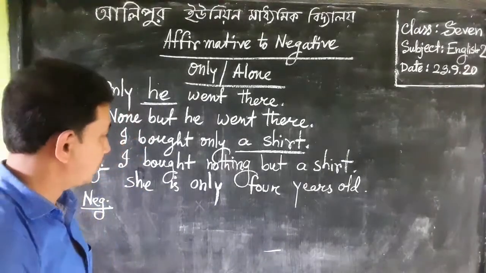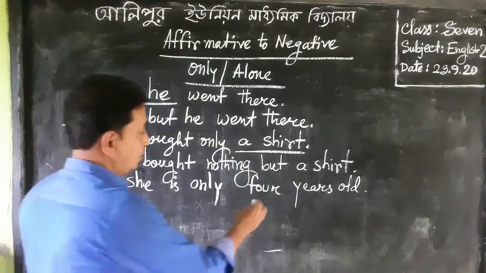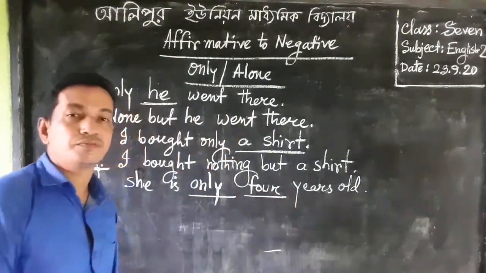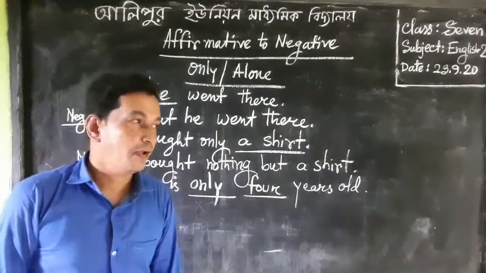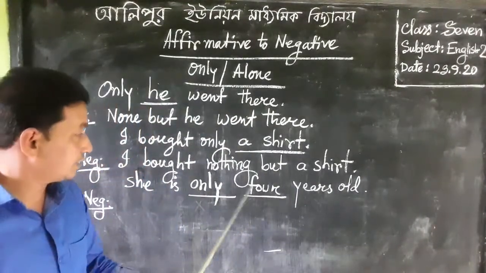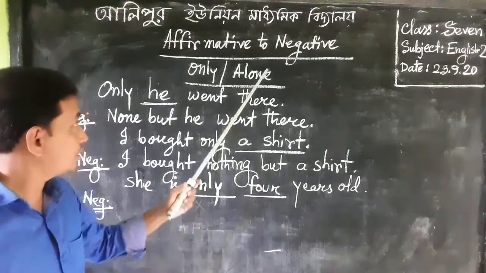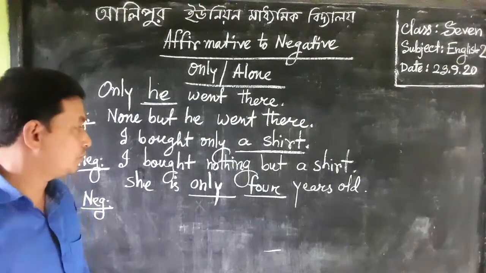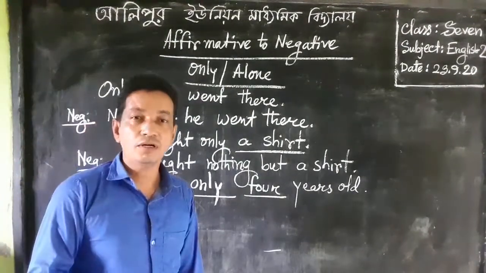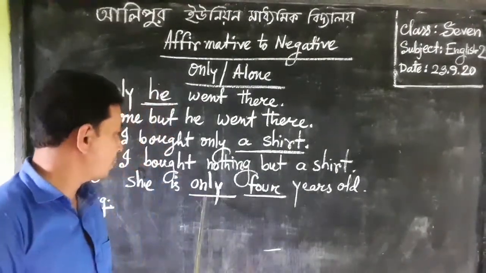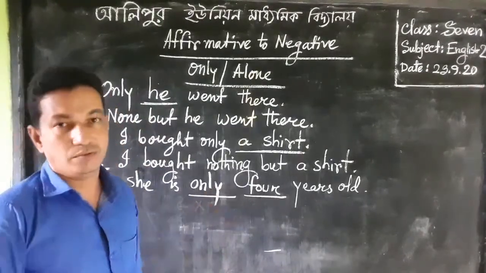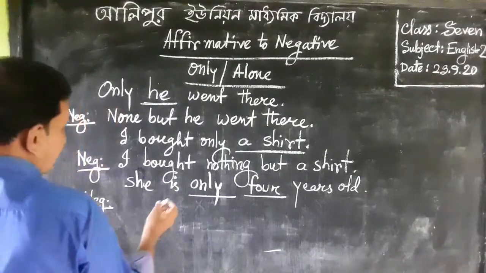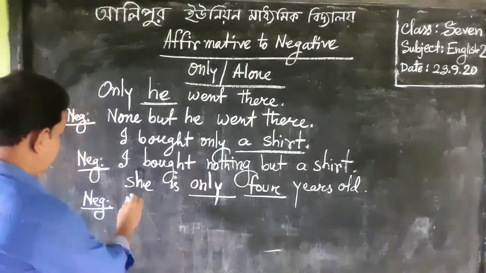Here, dear learners, you have noticed that only indicates the figure 4. 1, 2, 3, 4. This is our figure. And when only indicates any figure in a negative sentence, only or alone should be changed into not more than or not less than. Okay, dear learners. Now I am going to change the affirmative into negative.